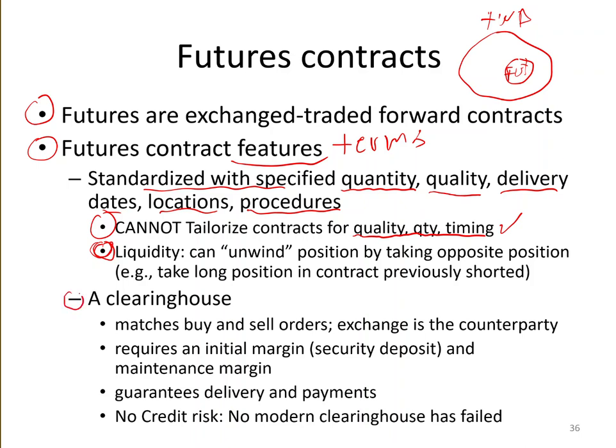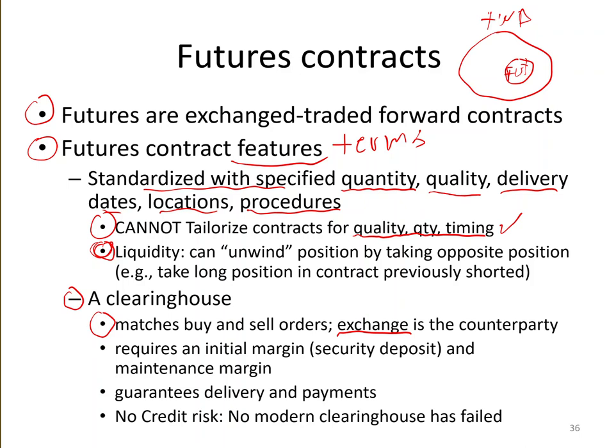The other distinguishing feature of a futures contract is there's a clearinghouse. This organization matches the buy and sell orders, and the exchange or the clearinghouse is the counterparty. In other words, if a coffee farmer and Starbucks enter into a forward contract to exchange coffee beans, Starbucks has a contract with the farmer and the farmer has a contract with Starbucks.